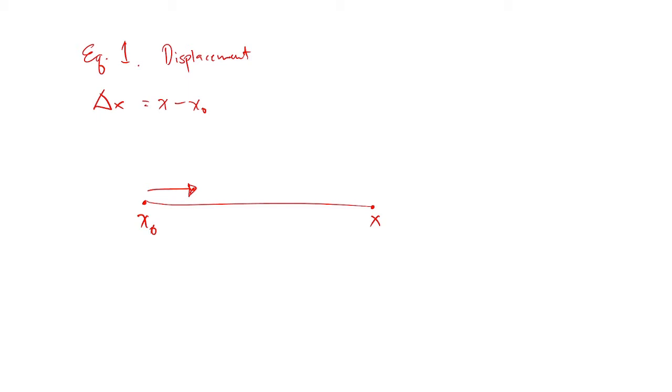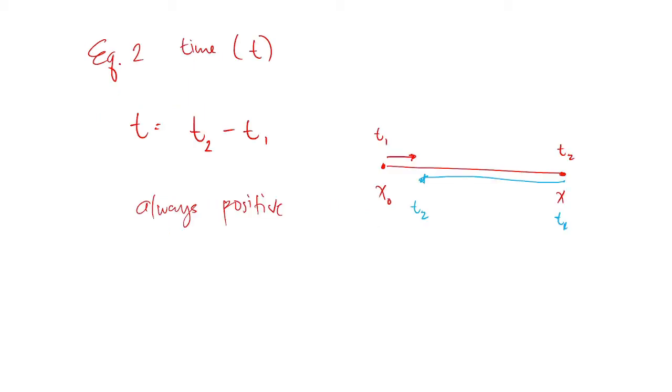So displacement can be negative. And we have here equation 2, which is our time, wherein time is just equal to time 2 minus time 1, which is actually always positive.